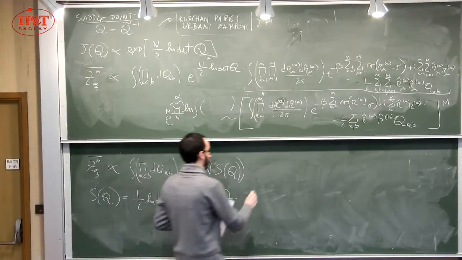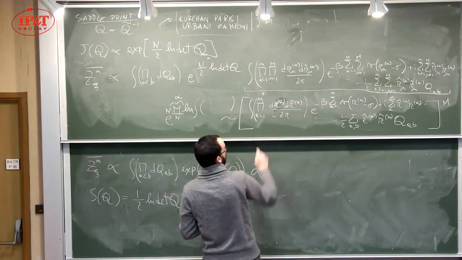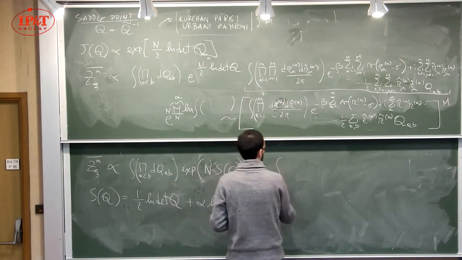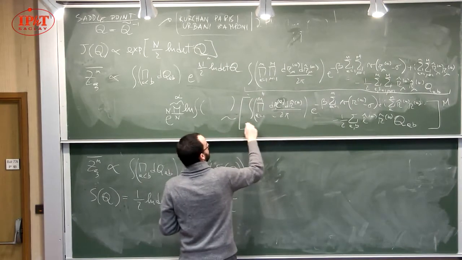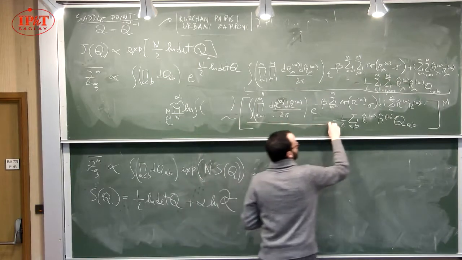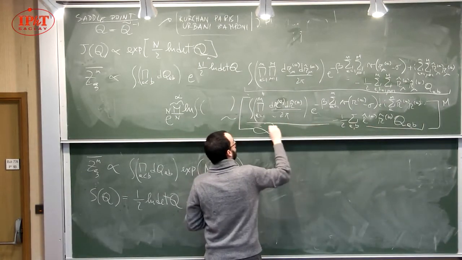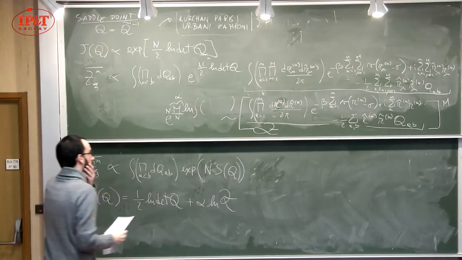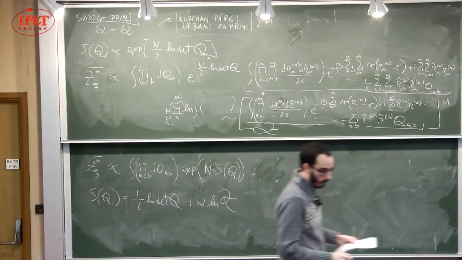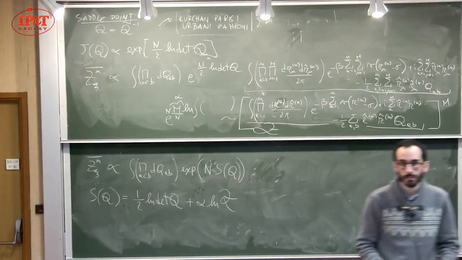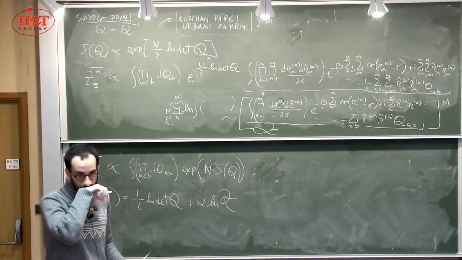And z is just this integral, okay? So I can rewrite this integral. Can you explain why you could do this trick of replacing the sum of mu with the power n?